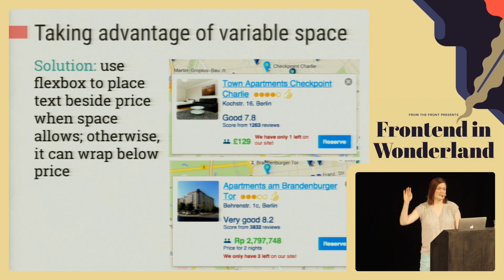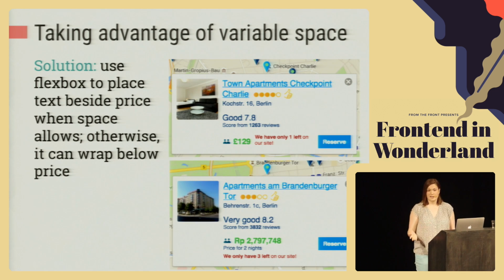Now, without setting an explicit width on the availability message, the red text, making it float or inline block will not let its text wrap. So this first image with the red text wrapping could not happen. The text would want to stay on one line, and so it would drop down below the price. Table cell will let the text wrap within that area, but it won't let the entire block wrap down below the price when the space is too narrow.